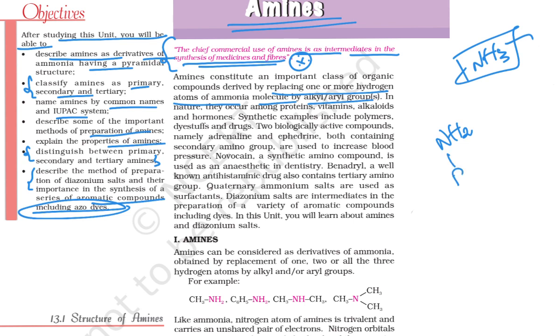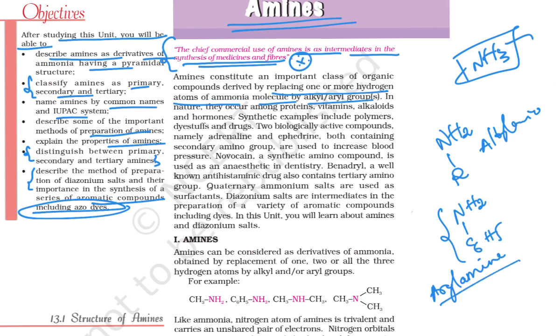In this, just substitute the alkyl group. Or again in NH3, I remove one hydrogen, then what is it going to be? It is going to be C6H5. Then this is your alkylamine, and this is your arylamine. Clear? Alkylamine and arylamine. Have you understood?